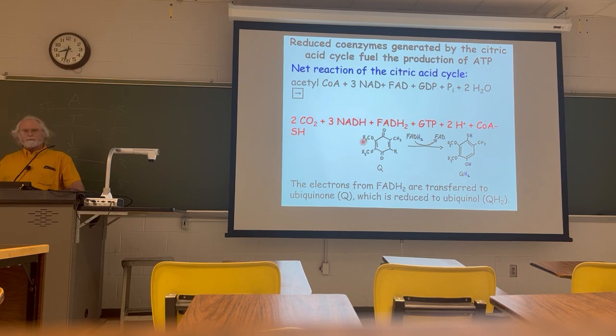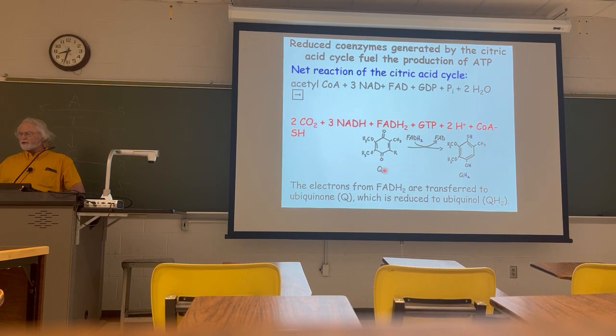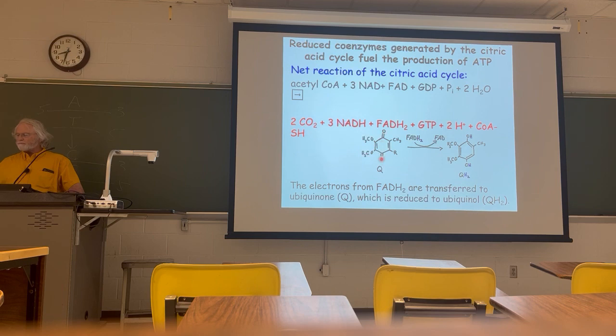We started to talk about on Friday that the electrons are transferred to this molecule, coenzyme Q, which is also called ubiquinone. So it's a quinone, a ring molecule with a quinone. This is this carbonyl in pair positions from each other.